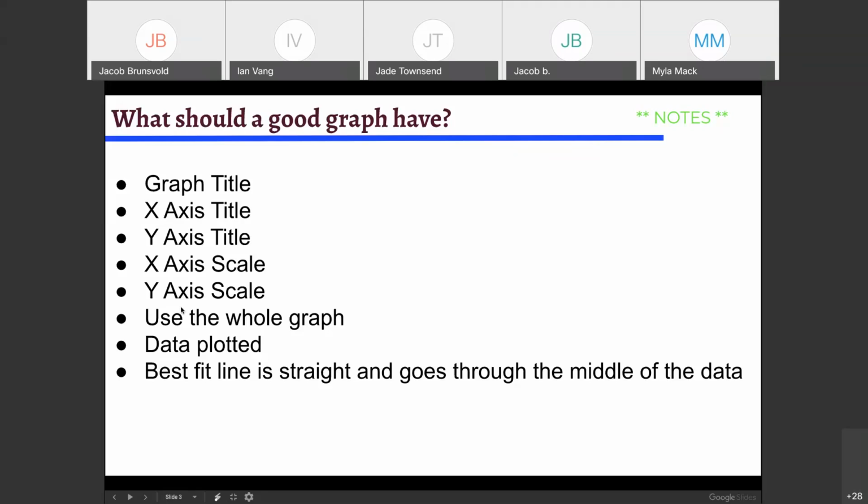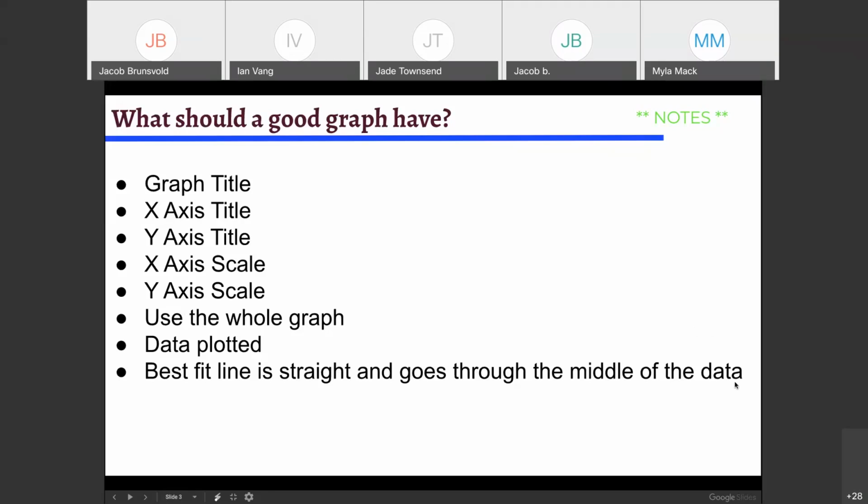And how you'll be able to tell is when they graphed it, did they pretty much use the whole graph? Data, did they plot all the data correctly? And lastly, the best fit line. Does the best fit line go through the middle of the data? So these are all things that you should look at to see that they did correctly or incorrectly.